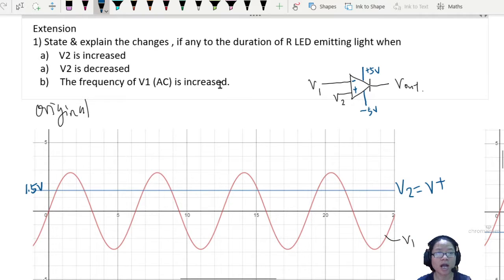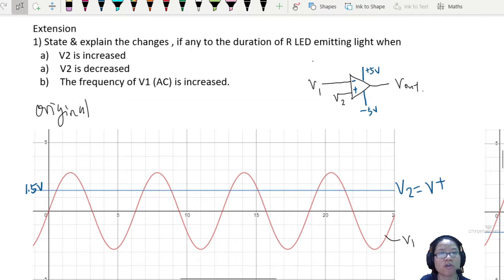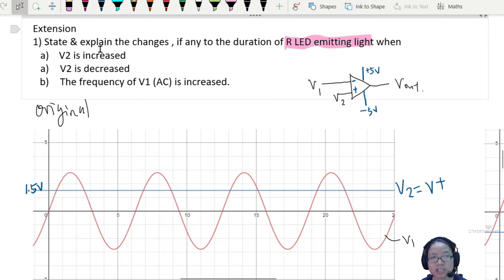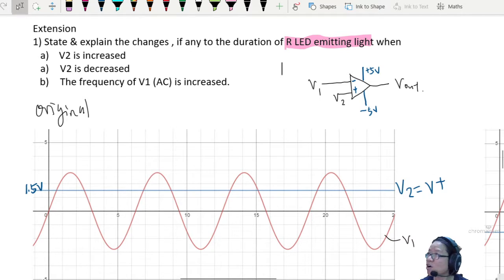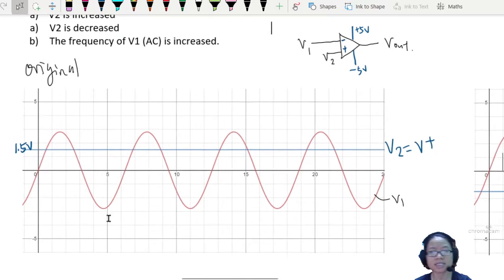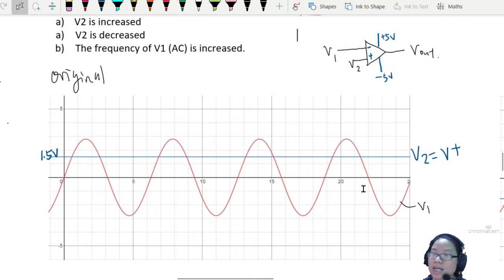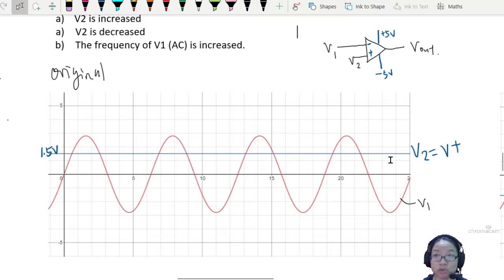All right, and I have asked you, what do you think will happen to the duration of the red LED emitting light when V2 is increased or V2 is decreased, meaning this blue line, I drag it up or I push it down. Now, my friends, it's probably quite important for us to think about what is actually happening here. We are comparing this sinusoidal wave, which is V1, and the straight line wave, which is V2.